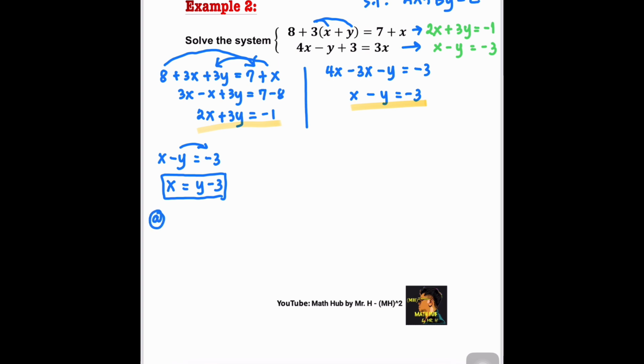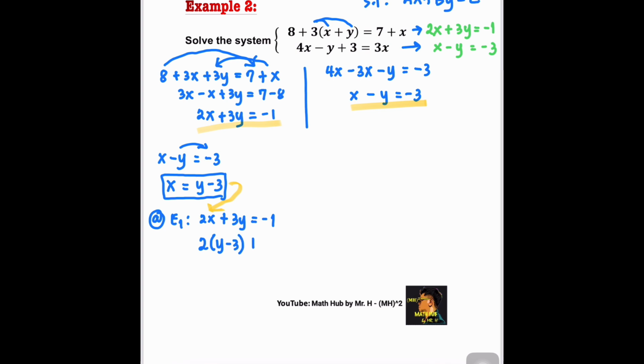So at equation 1, which is 2x plus 3y equals -1, we will substitute the value of this to the variable x, right? So the value of x will be y minus 3.